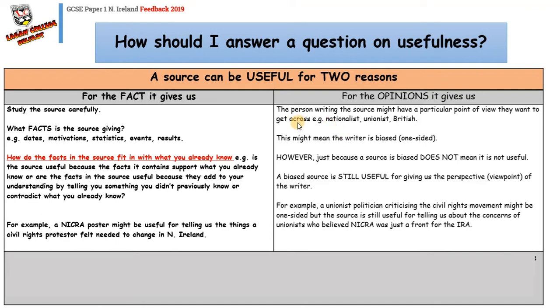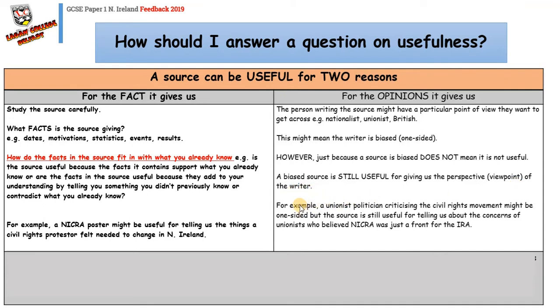If it's from a one-sided point of view, it may be biased, but it's giving us the viewpoint of that group or that person. That does not mean it's not useful. A biased source is still useful because it gives perspective, the viewpoint of the writer or a group of people, so really useful for an historian.